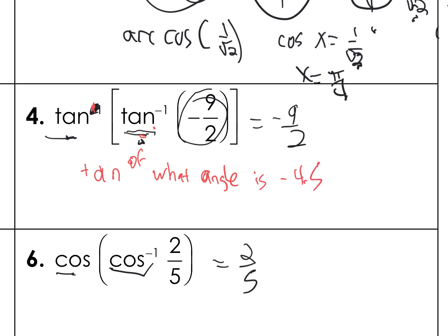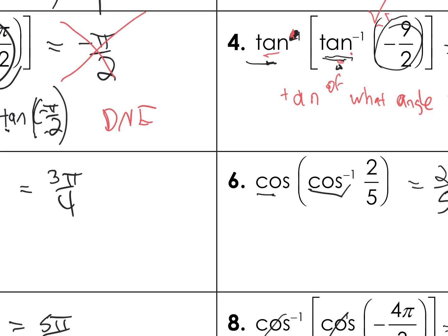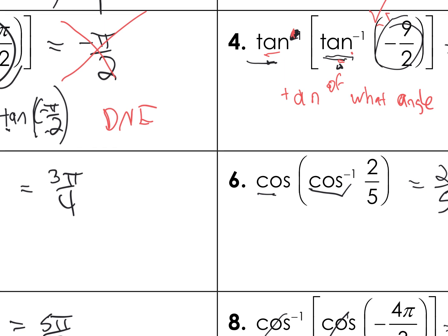Can the value of tangent ever be a big number? Well, of course it can, because the tangent can go all the way up to infinity and down. So that's not a big deal. I can do this inside, therefore I can reverse it and come back to negative 9/2. Okay, I told you the shoe was going to drop, and it did on number 3.